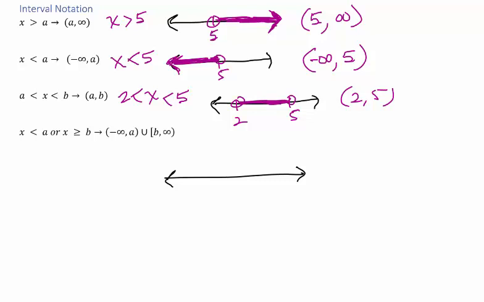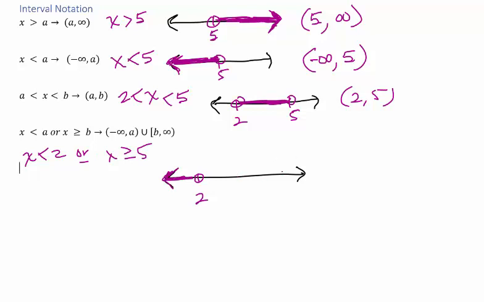And another example, if we have this disjunction, x is less than a or x is greater than or equal to b, let's take a look at a numerical example. x is less than 2 or x is greater than or equal to 5. Okay, so we're going to just take these one at a time. I put a 2 on the number line, and because x is less than 2, we're going to shade to the left.